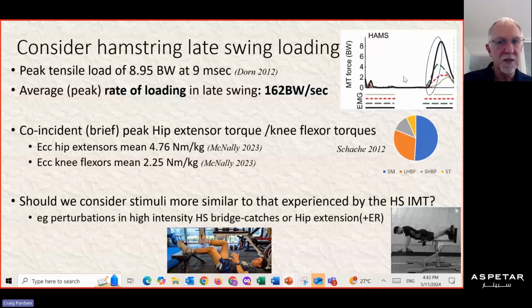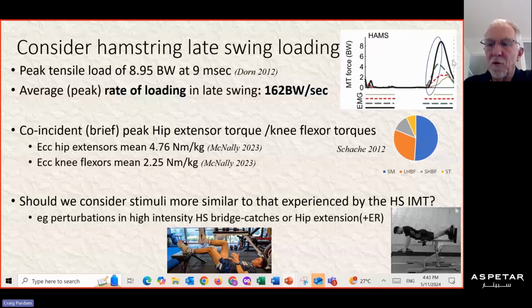But the other thing is that these are very high tensile loads. And again, a great review very recently looked at what we might expect in terms of peak tensile loads, either of torques across the knee or torques across the hip.